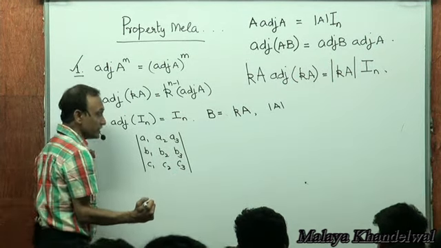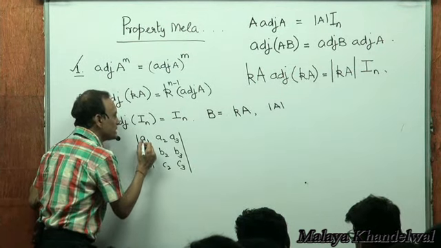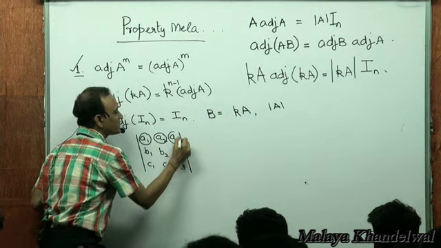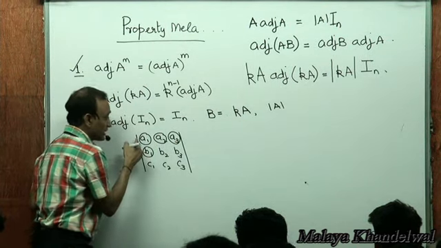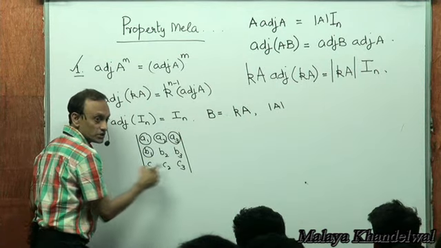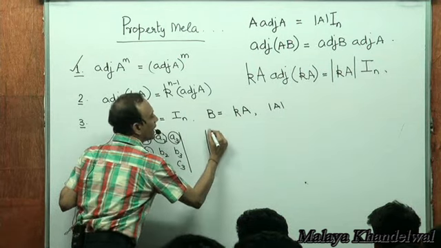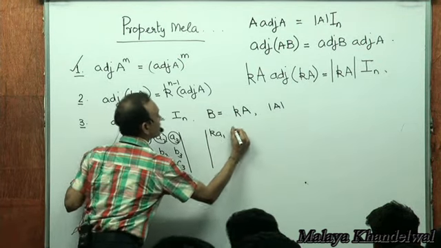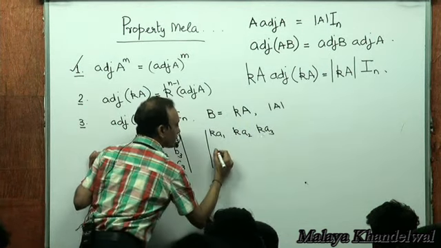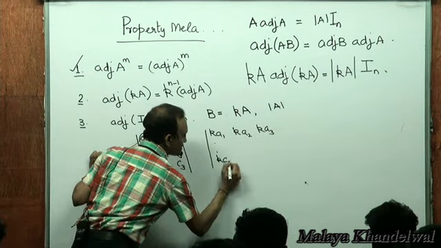Suppose I have this determinant, and if every member is multiplied with K, then I could have taken K common from the first row, K common from the second row, K common from the third row. So if I multiply every member with K, I have a determinant like KA1, KA2, KA3, similarly KC1, KC2, KC3, yes or no?